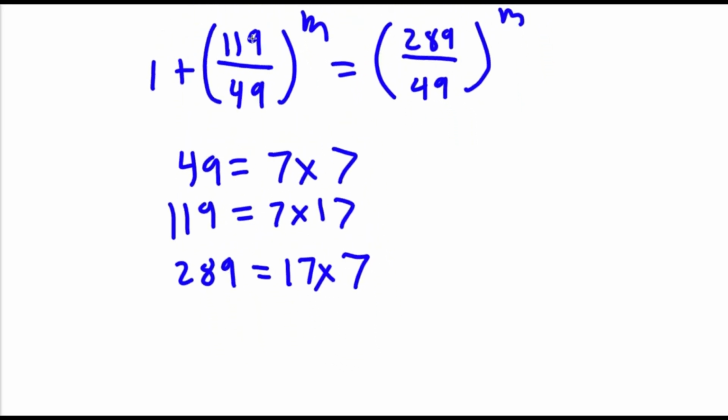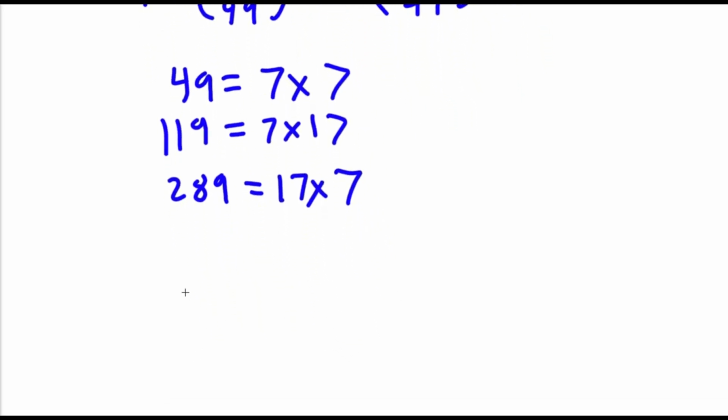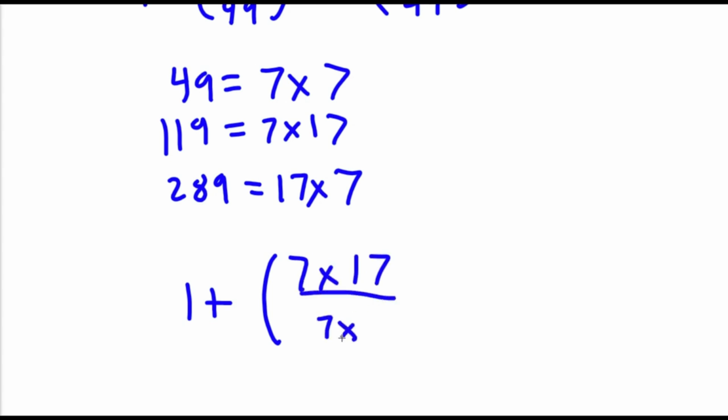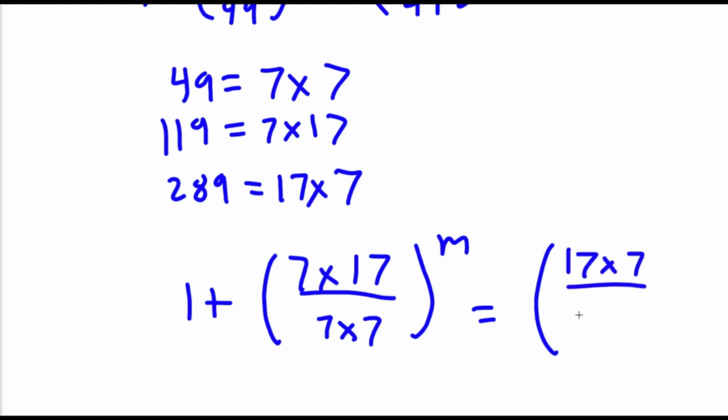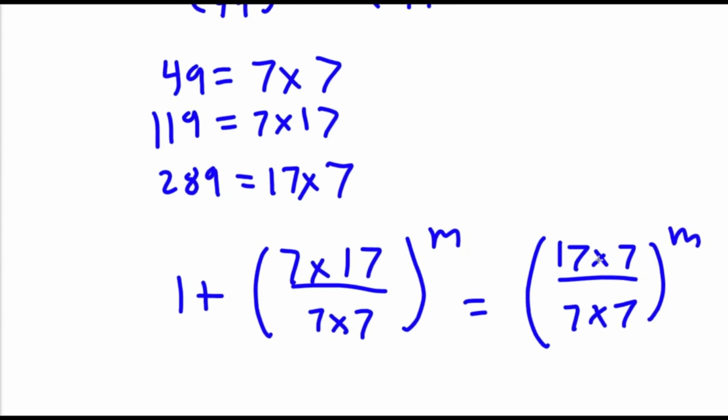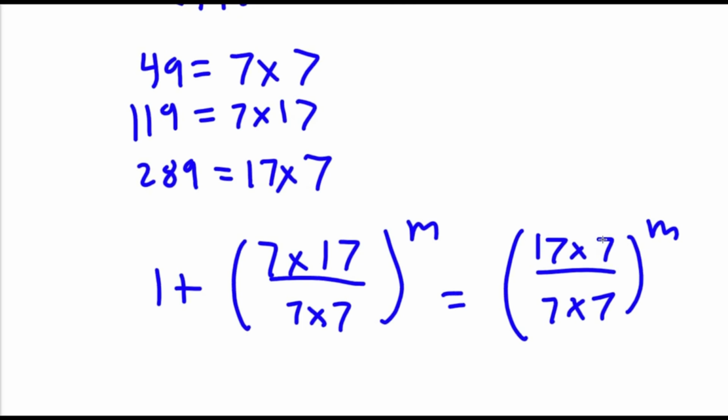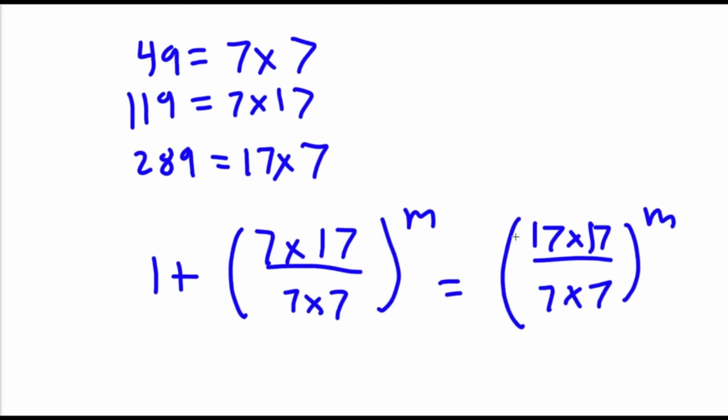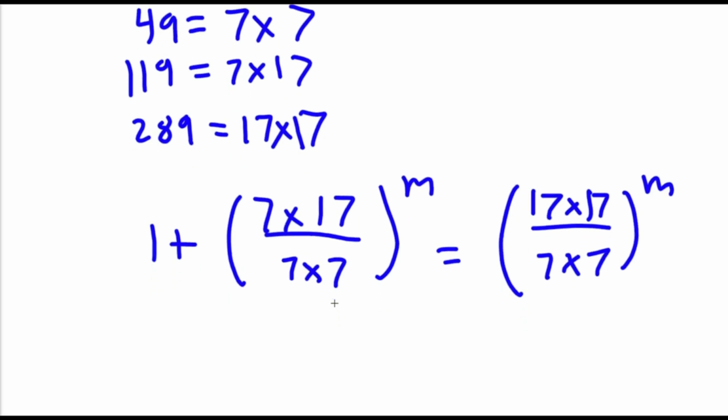So now if I replace these values into our original equation, I get 1 plus (7 times 17 over 7 times 7) to the power of m is equal to (17 times 17 over 7 times 7) to the power of m. Sorry, 289 is 17 times 17.